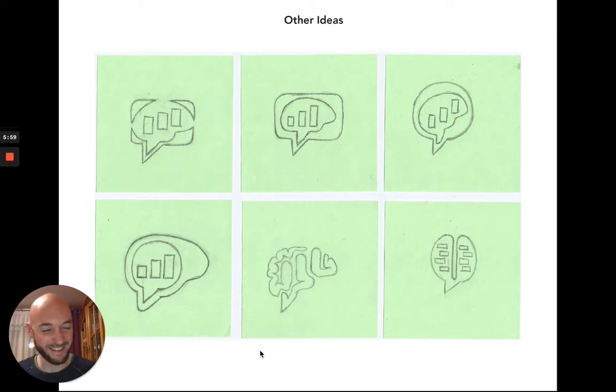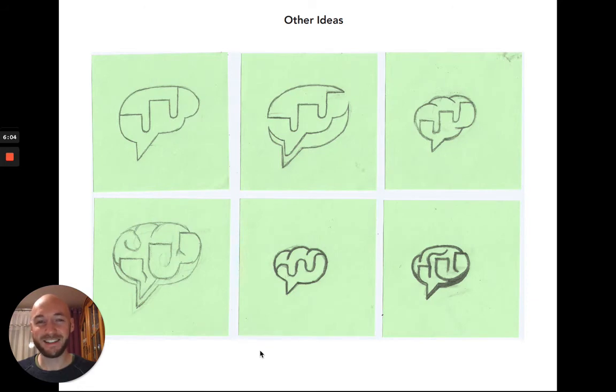But anyways, some other ideas. I think this bottom right one looks pretty clean. The speech bubble's really clear, the brains are really clear, the bars you can definitely notice, but they don't look too much like bars.